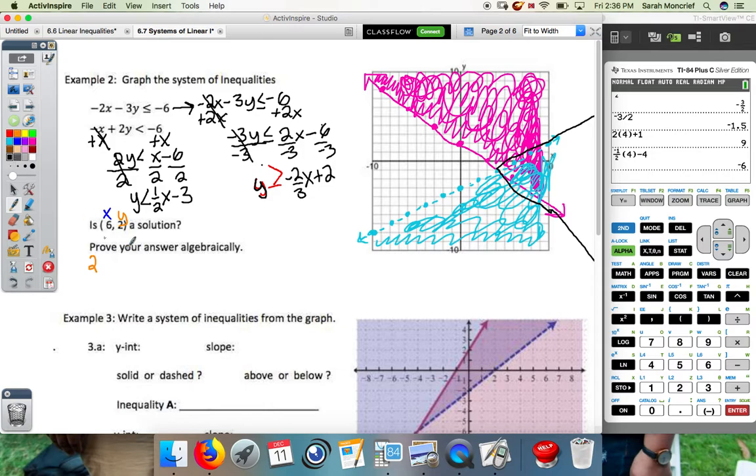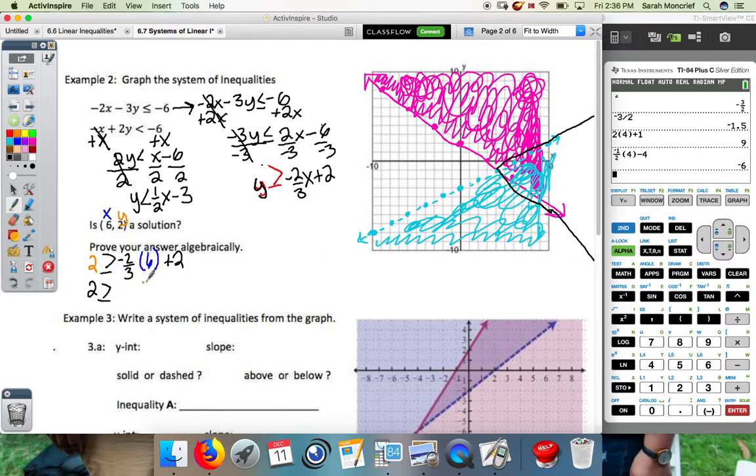So we have 2 is greater than or equal to negative 2/3 times 6 plus 2. We know nothing about the 2 and greater than or equal to is going to change, so let's bring them down.